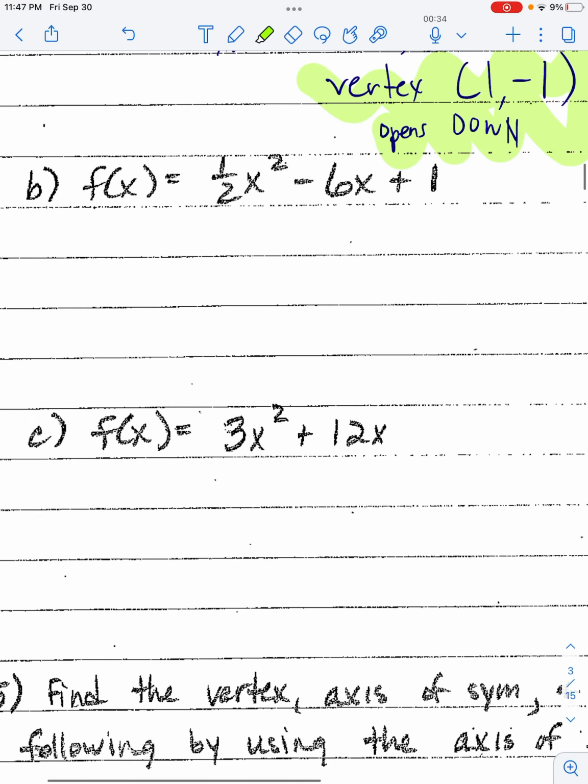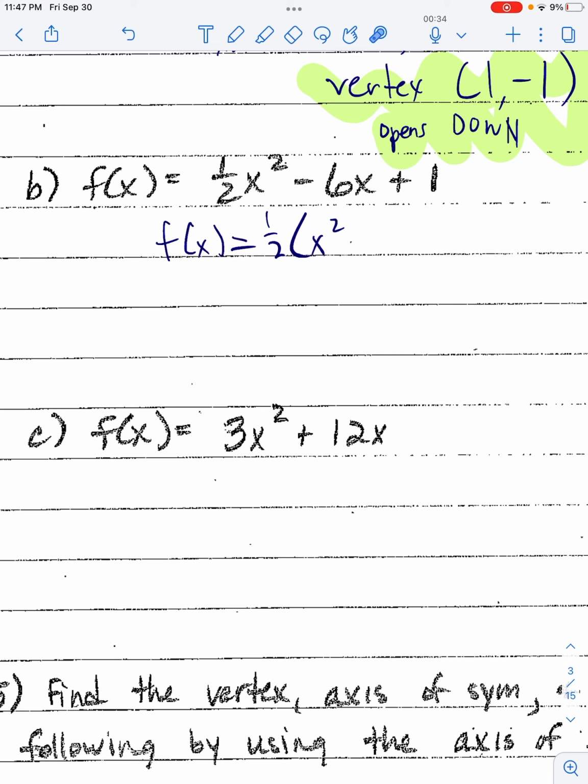Let's look at this one, okay? So I've got to factor that lead coefficient out of the first two terms. That is 1/2. It's 1/2, guys. Kind of a pain, but I've got to do this. So it's going to be f of x equals 1/2 times x squared. How do I factor out 1/2 from 6?